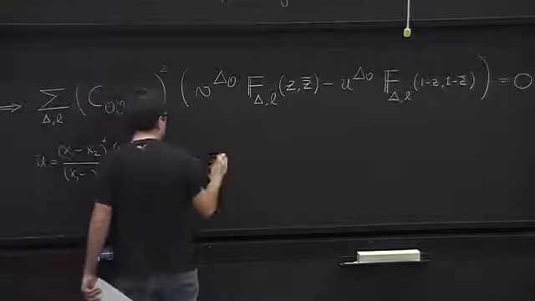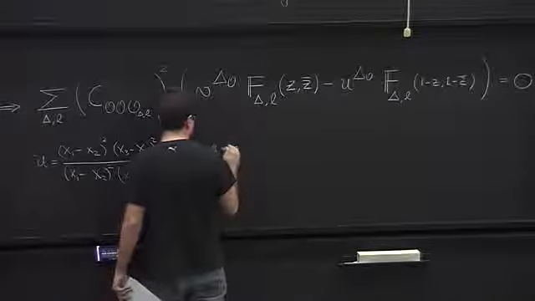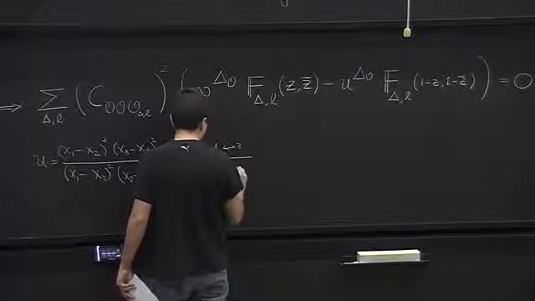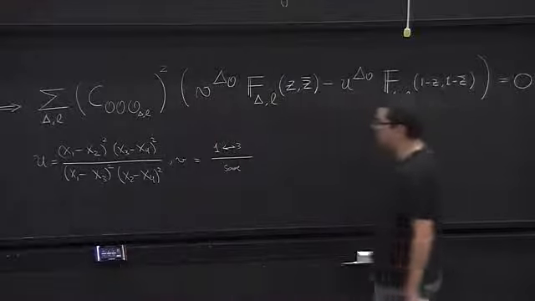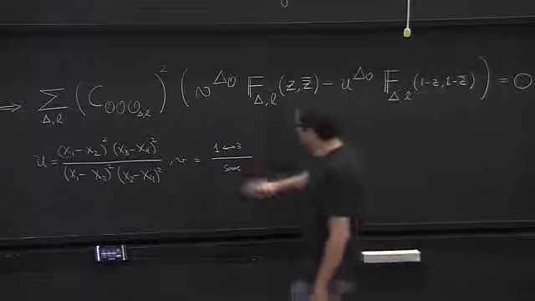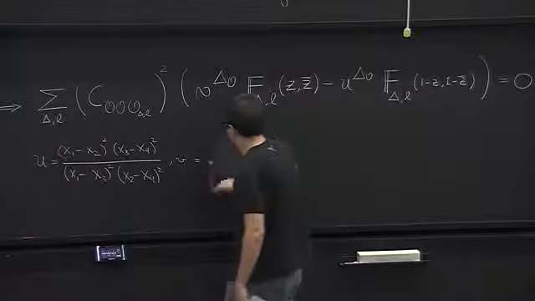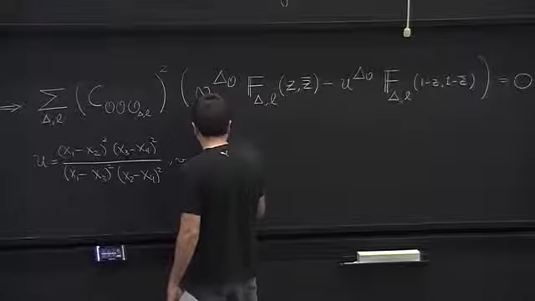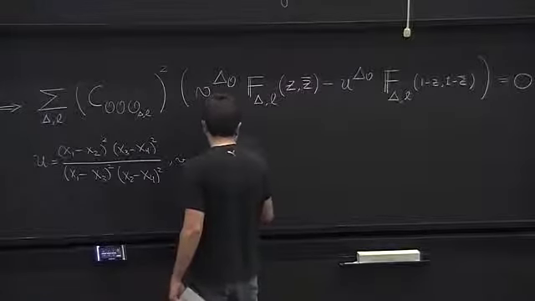And V is equal to, upstairs you exchange 1 and 3, and below it's the same. In other words, it's just exchanging 1 and 3. Okay? So V is U when you exchange point 1 and point 3, because the denominator is invariant.